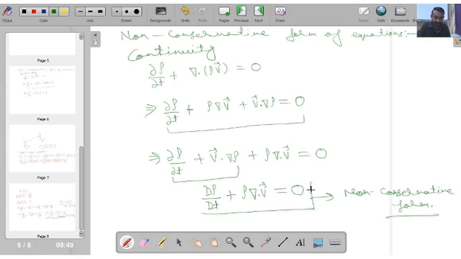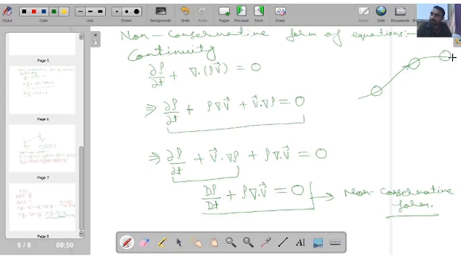One important point: don't confuse that this is not showing conservation of mass. Ultimately, it is also derived from the conservation of mass equation only. So this is showing conservation of mass, but from the nomenclature of CFD, it is called the non-conservative form. Or in another way, if I have a fluid element and that fluid element is moving with the flow field, it is not fixed in the flow field, it keeps on moving with the flow field.